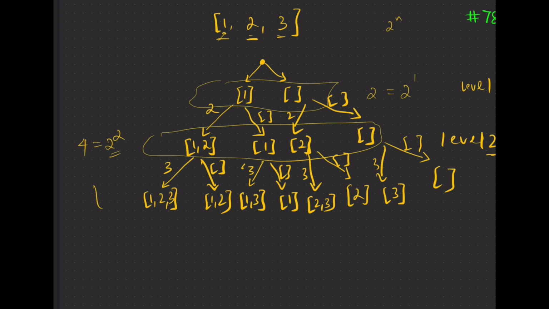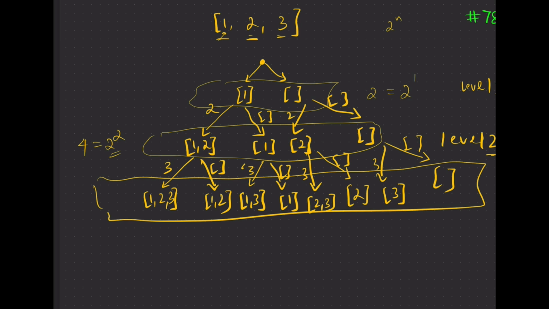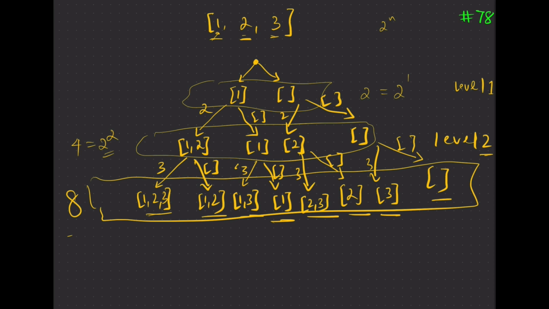So if you notice at this level, we have 8 elements: 1, 2, 3, 4, 5, 6, 7, 8. And that's equal to 2 to the power 3, right? Since it's 2 to the power 3, we can actually deduce the time complexity of it.